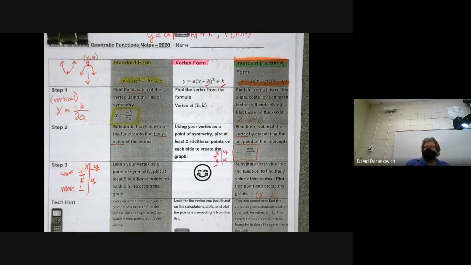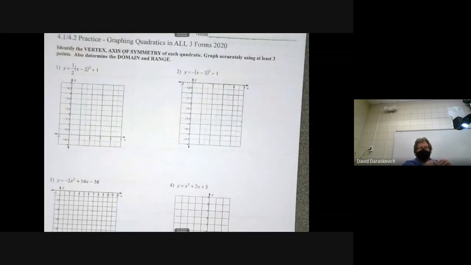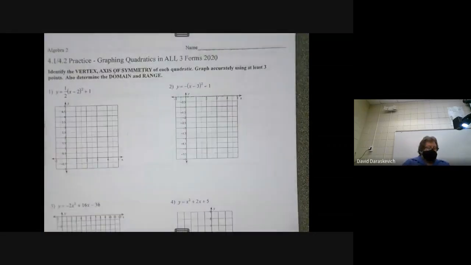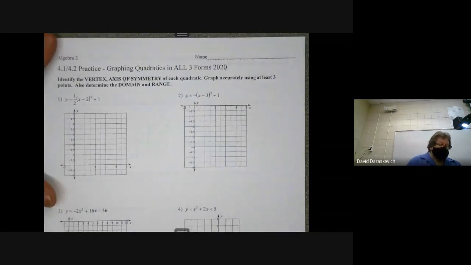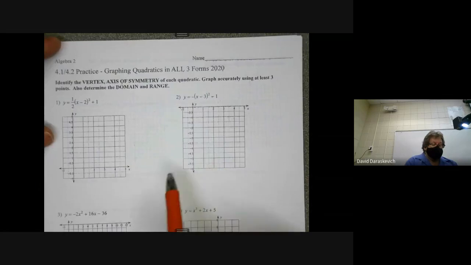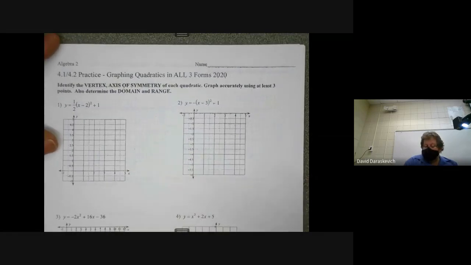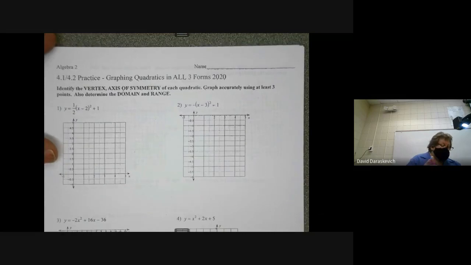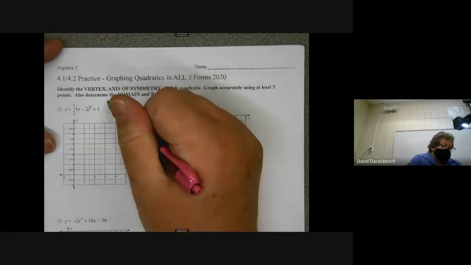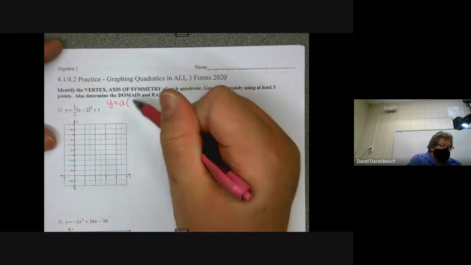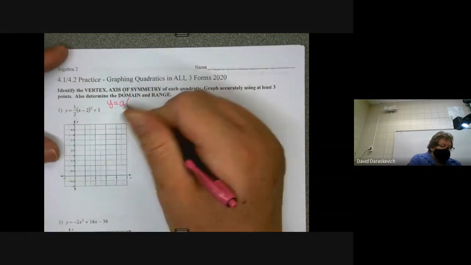All right, so the first thing here is standard form. So let's take a look at your practice worksheet. Oh, actually, this is vertex form. Okay, 1 and 2 are vertex form. Again, it's the easiest because it's easy to read our vertex right off of the equation.